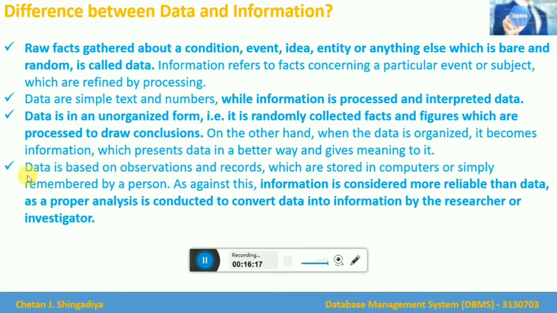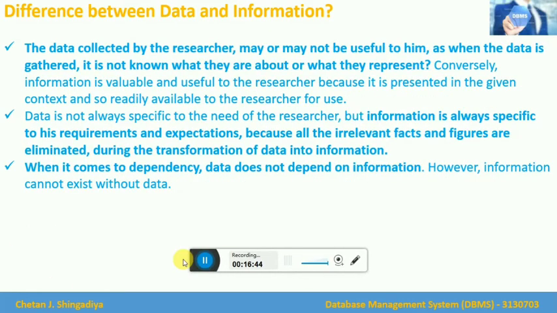Let us see the next one. Data is based on observations and records which are stored in computers or simply remembered by a person. As against this, information is considered more reliable than data, as proper analysis is conducted by the researcher or investigator to convert data into information. Now let us see a few more differences.